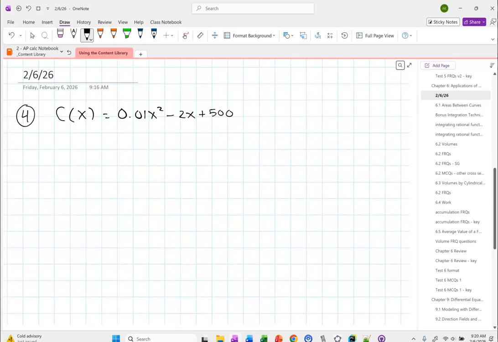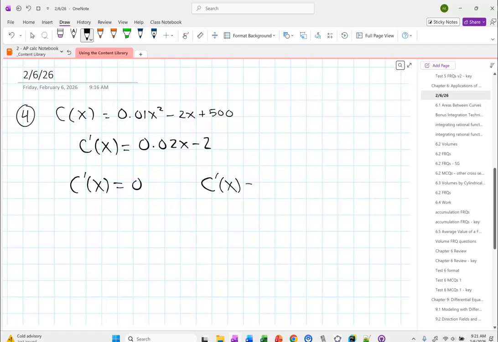Well, they've given us our cost function, right? So if I'm looking to find a minimum or maximum value, I need to find first the critical points. So to find those, I'm going to calculate the derivative. And then take that derivative and set it equal to 0.